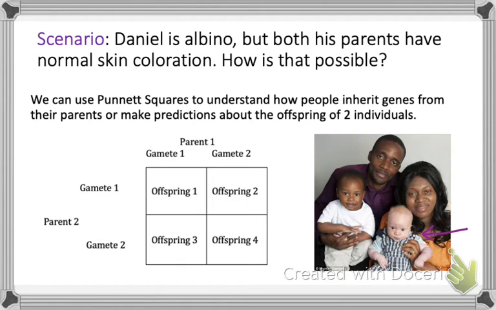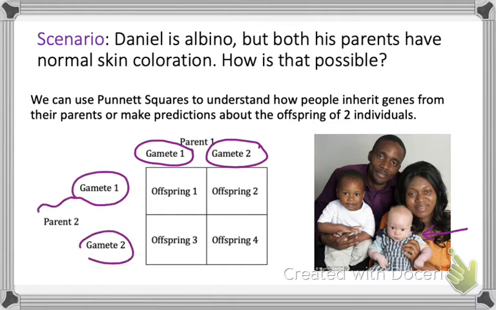So when you set up a Punnett square, one side will represent one parent and the other side will represent the other. So let's say parent one is the eggs from the mother and parent two represents the father, so these would represent the sperm.